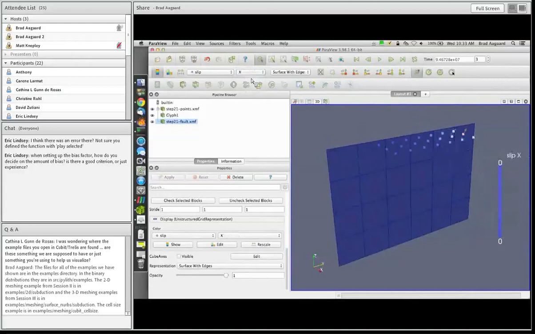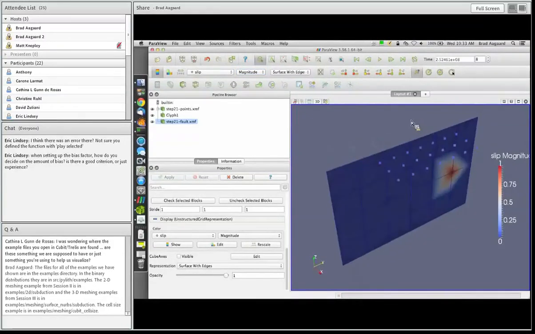You'll notice that we did not do any of the lateral boundaries because we said the impulses were going to be 0 there. So how would we know that that was indeed the case? We can load up our fault info file. Turn off everything else.